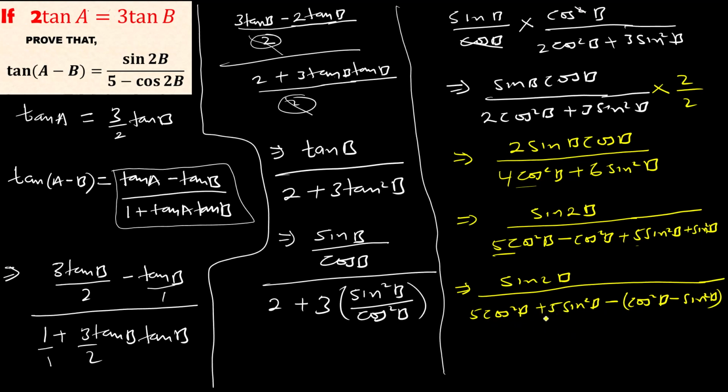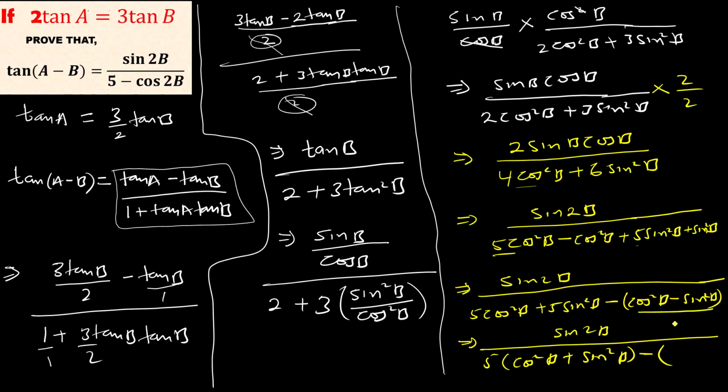Remember, we can take 5 out, so we have sin 2B on, so 5 out, I'll get (cos squared B plus sin squared B) minus, so this one is also part of double angles, so this side is cos 2B, and cos squared B plus sin squared B is simply 1.